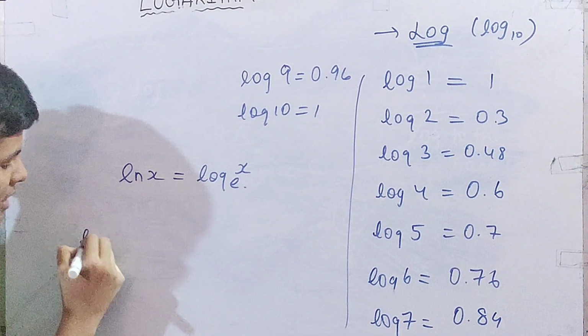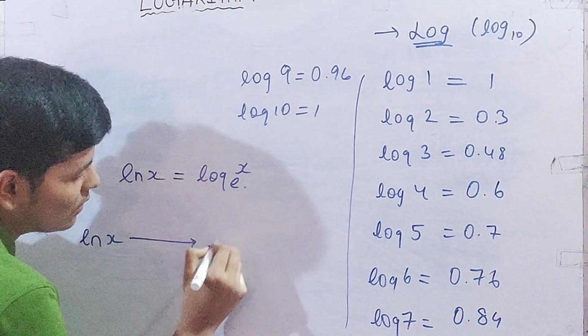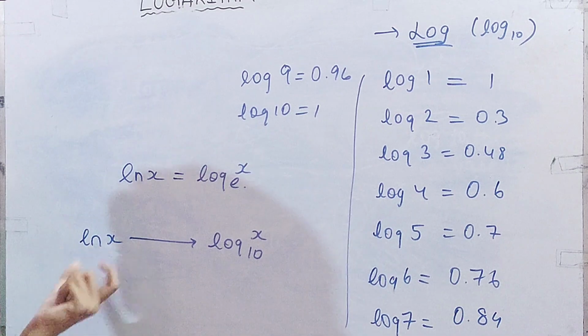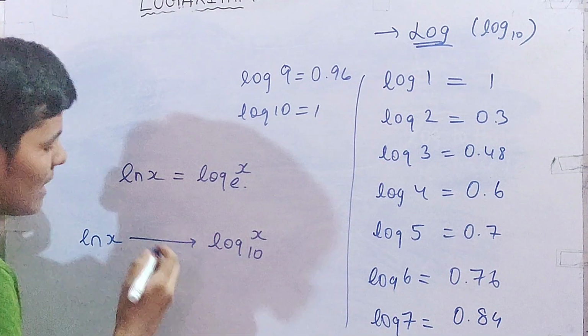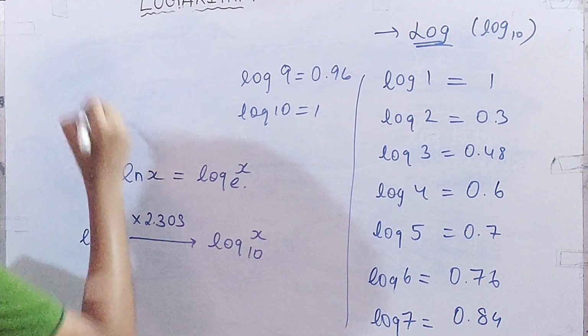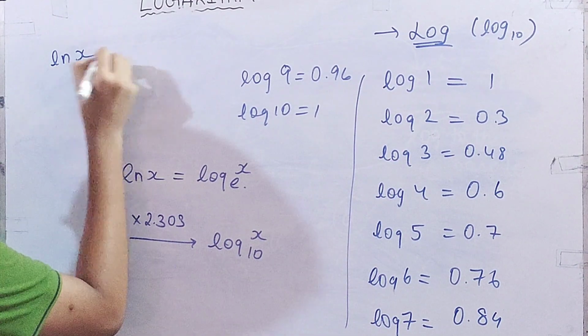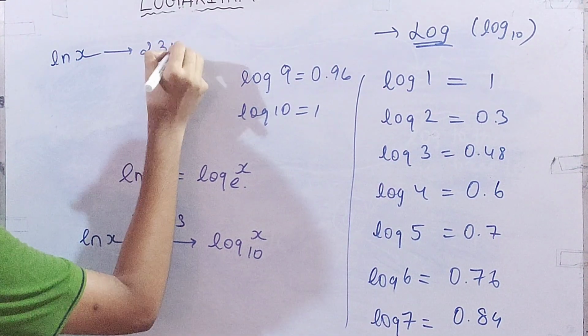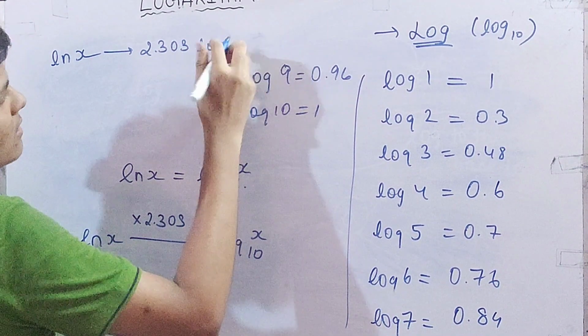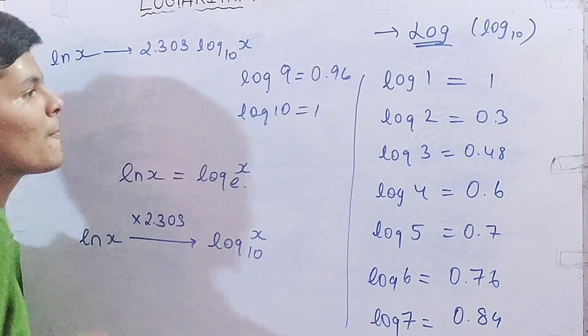We need to convert ln of x into log of x to the base 10. To convert ln into log, we need to multiply by 2.303. So ln x is equal to 2.303 times log to the base 10 of x.